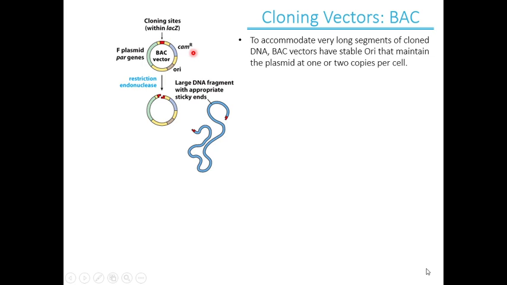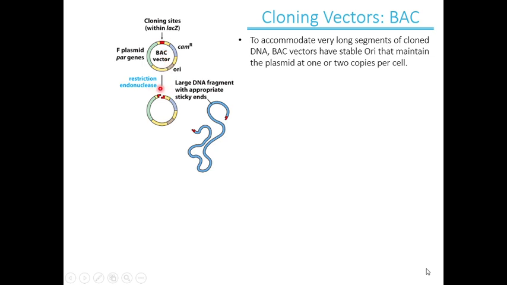Chloramphenicol is an antibiotic, and CAMR is a chloramphenicol resistance gene. In addition, a lacZ gene required for the production of the enzyme beta-galactosidase is situated in the cloning region, as shown here.